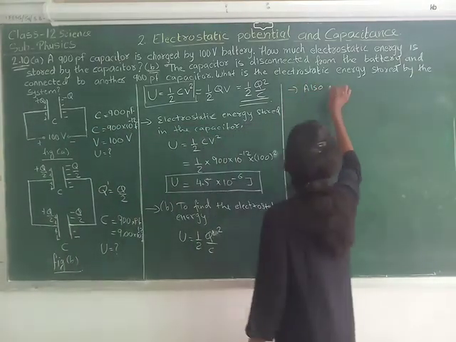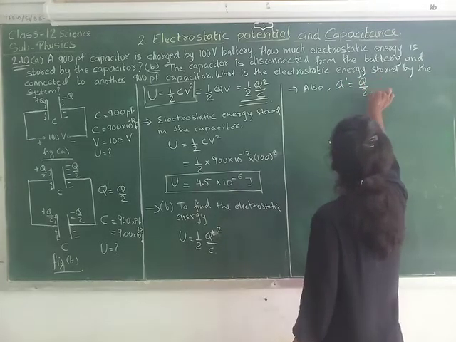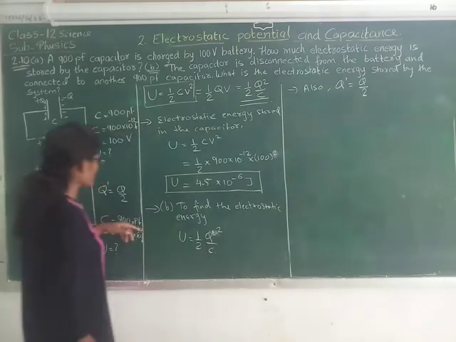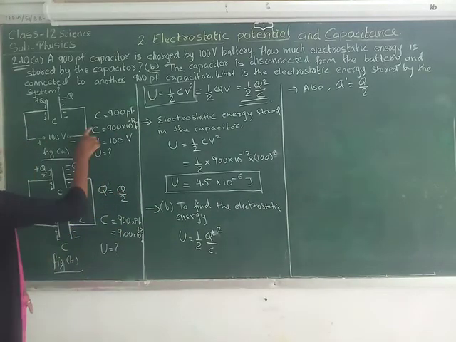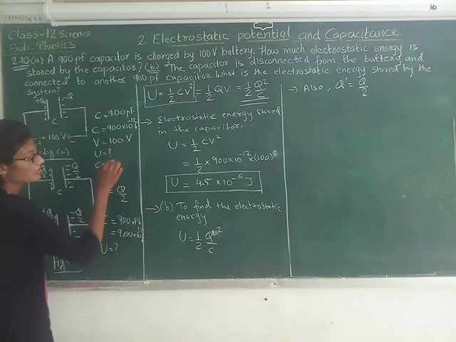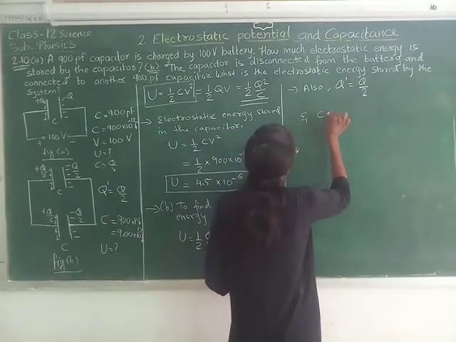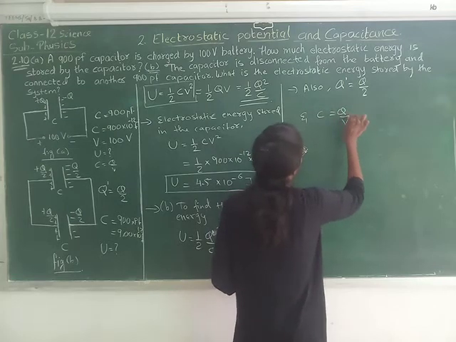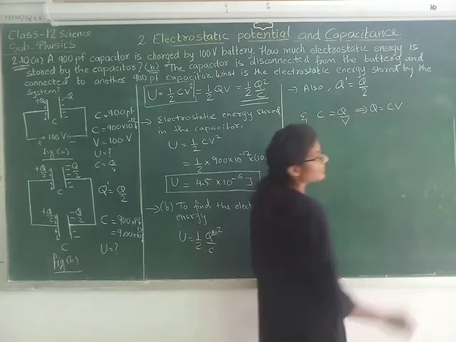Q dash is equal to Q by 2. And what is Q? How can we find that? We can use the equation C equals Q by V. Therefore, Q equals CV.